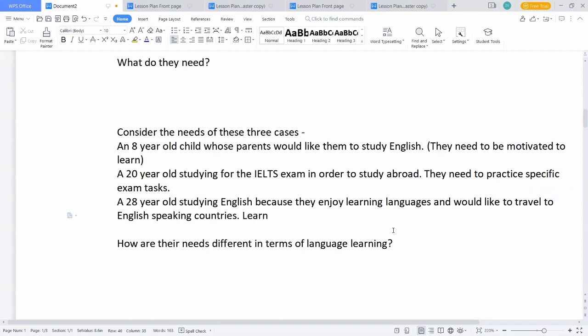Here's a need: learn travel vocabulary. This is a simple need. They could have many other needs, but right, let's go on.